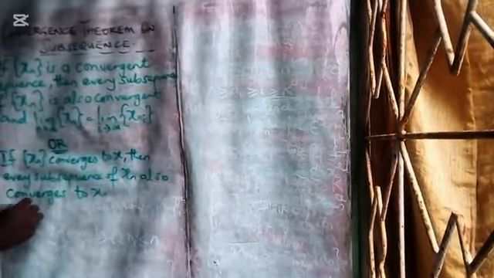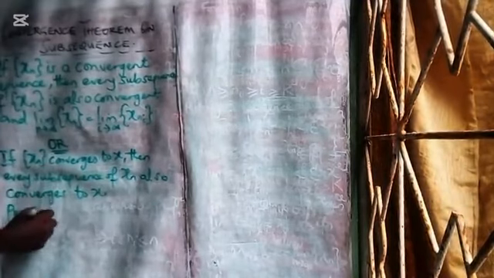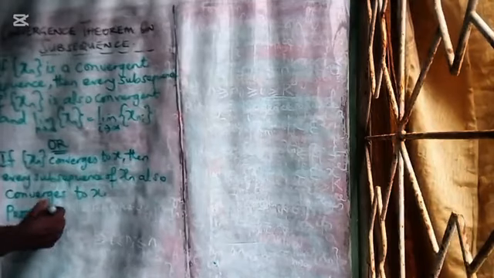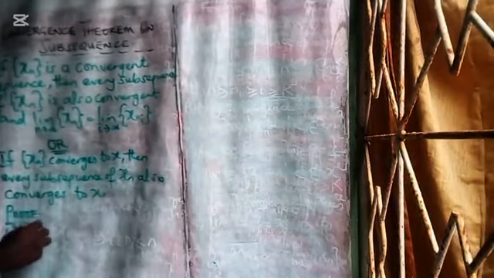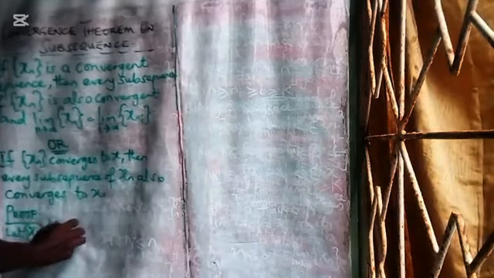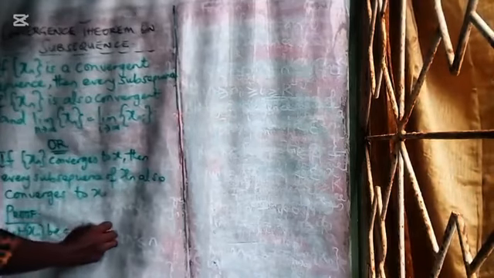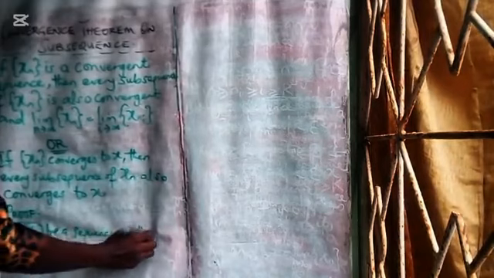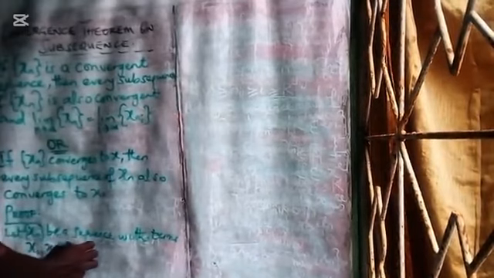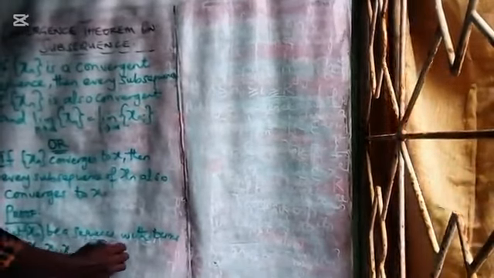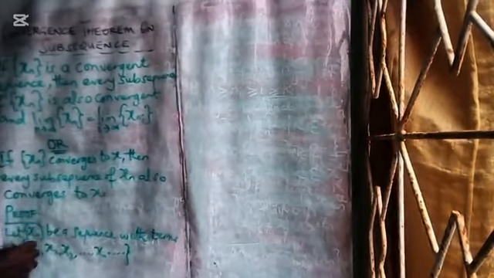Now, to prove the theorem, let x of n be a sequence with terms x1, x2, x3 down to xn, and it continues like that.